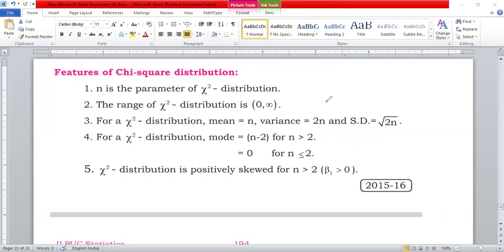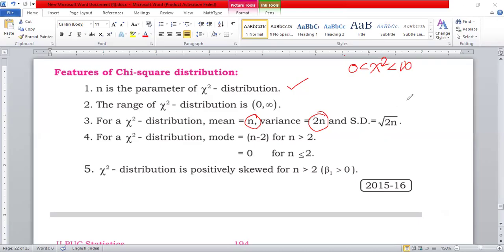Please remember, definitely a 1-2 mark question will come: chi-square properties and student-t distribution properties. The first property: n is the parameter of the chi-square distribution. The range of the chi-square distribution is 0 to infinity, that is, 0 less than chi-square less than infinity.